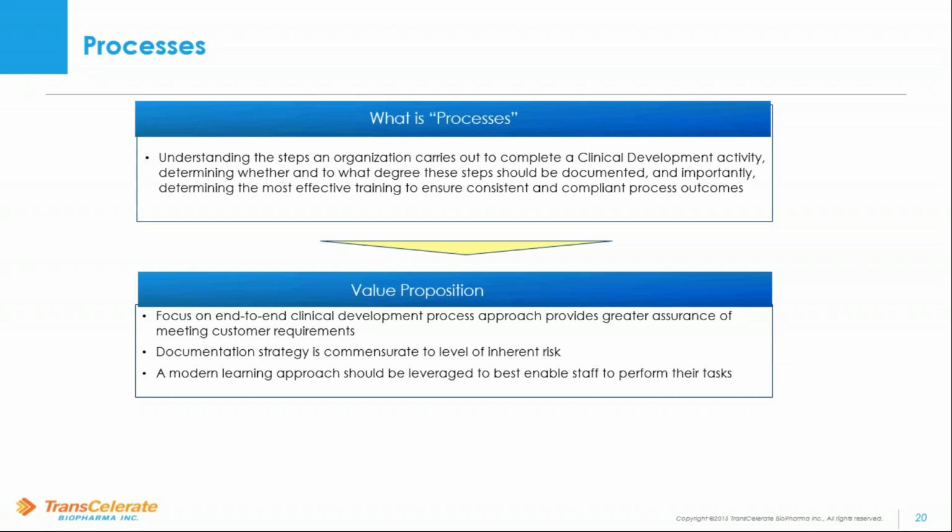We think that's important, and it provides value in terms of focusing on end-to-end processes and providing greater assurance of customer and regulatory expectations, making sure our documentation strategy and amount of documentation is commensurate with the level of risk, and importantly, addressing the modern day learner and making sure that staff are best equipped to perform their tasks.